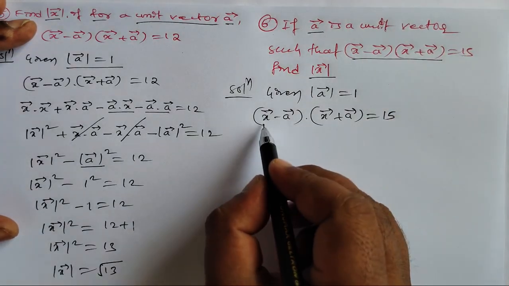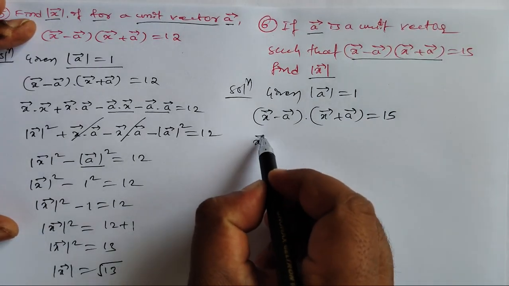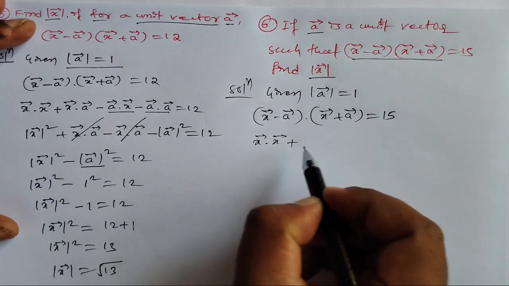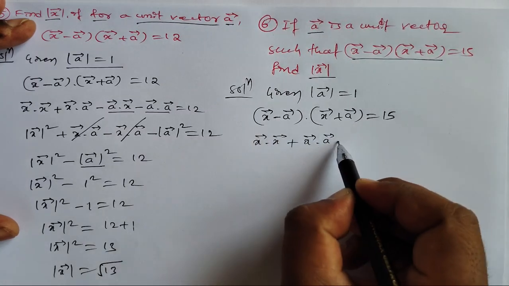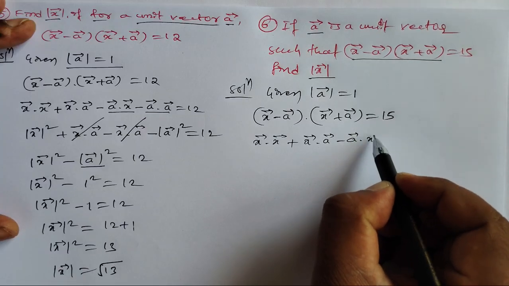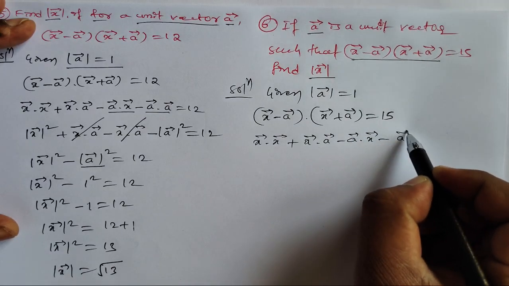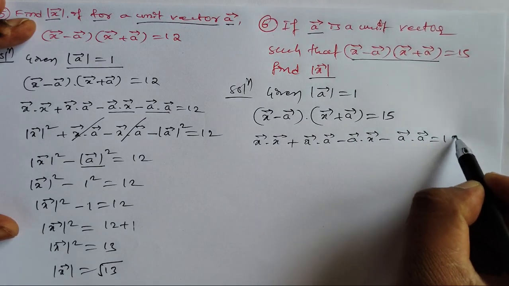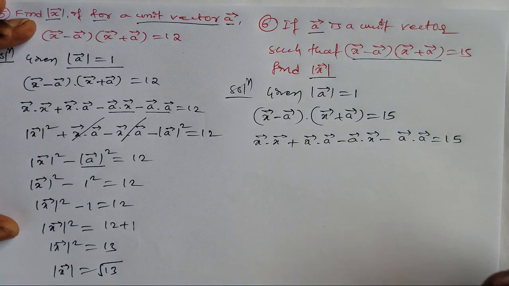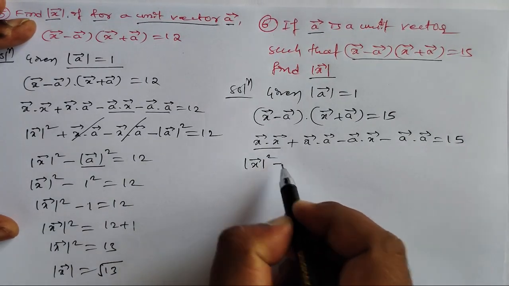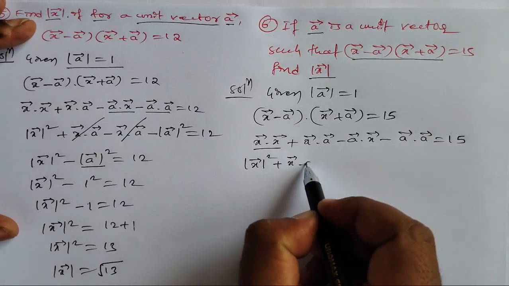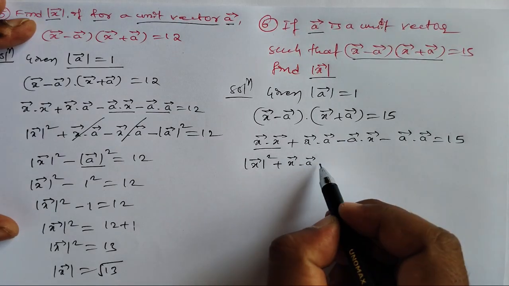Similar question, right? So x vector dot x vector plus x vector dot a vector, now here it is minus a vector dot x vector minus a vector dot a vector is equal to 15, right? So next, what is x dot x? x dot x is magnitude of x square, plus x vector dot a vector, it is minus.